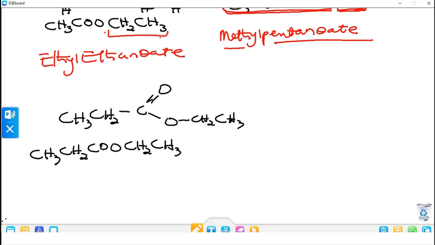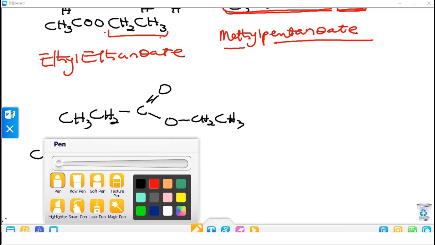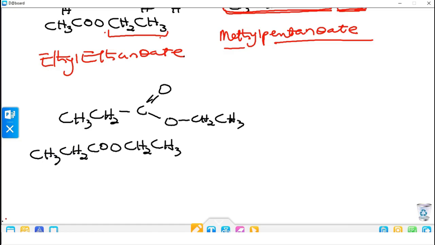So we have our condensed formula written. Now, like we said, we'll have to look at the number of carbon atoms after COO. And the number of carbon atoms there are 2. So that gives us ethyl.